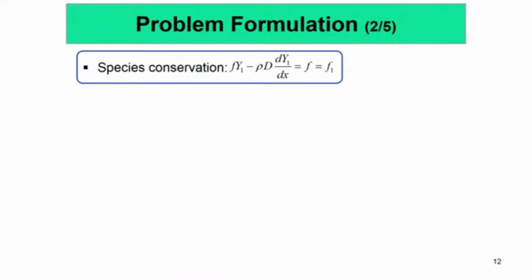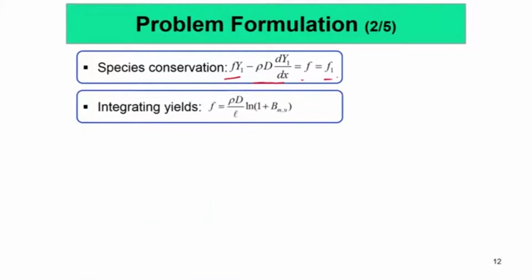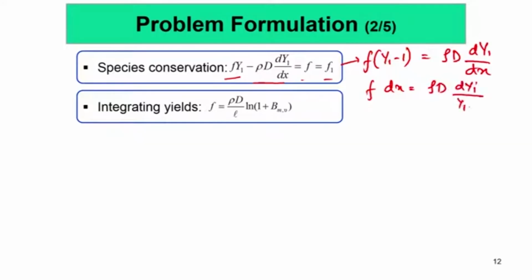Then we get f y1 minus rho D dy1/dx equal to f, and because this is f, we get essentially f of y1 minus 1. We can write this equation as f dx is equal to rho D dy1 by (y1 minus 1).